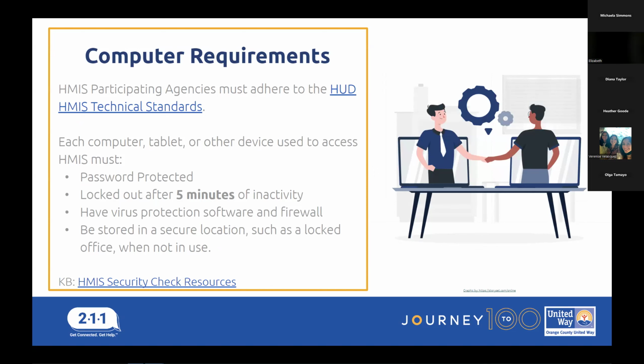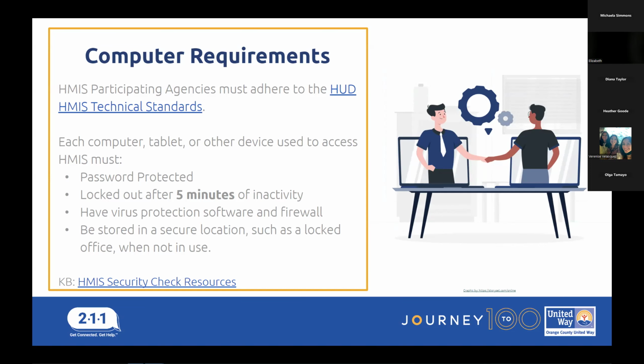When you work with real client data, there are requirements that your computer must meet in order to access Clarity. The purpose of the HMIS security check procedure is to ensure that computers, tablets, or any other devices used to access HMIS are secure and protect client confidentiality.